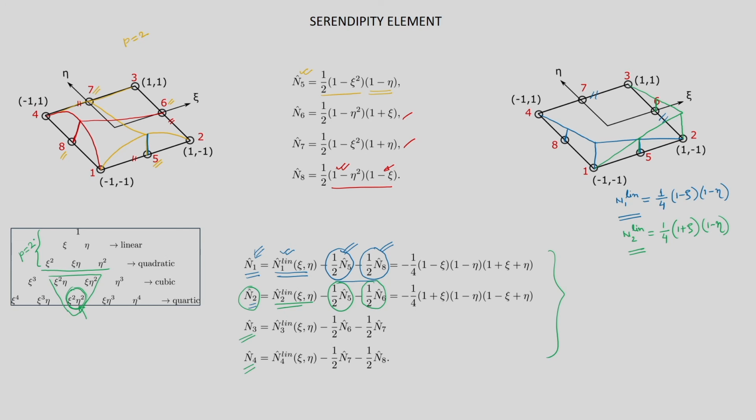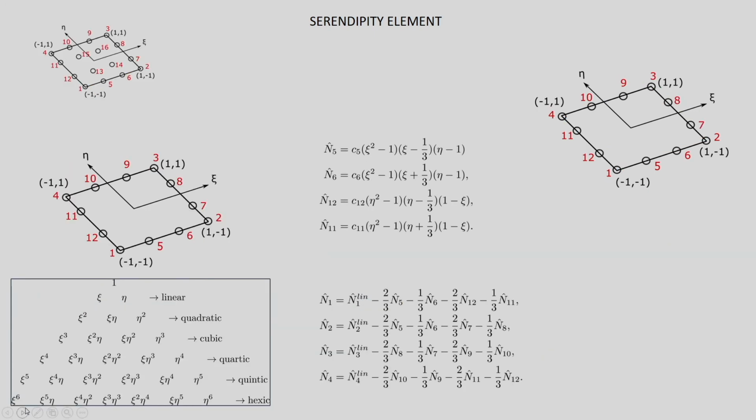Alright. So, now let us go ahead and see how to construct higher order shape functions, where we will try to avoid the internal nodes. This group of elements where the internal nodes are avoided or reduced are called serendipity elements.